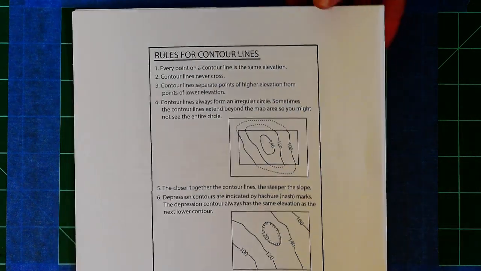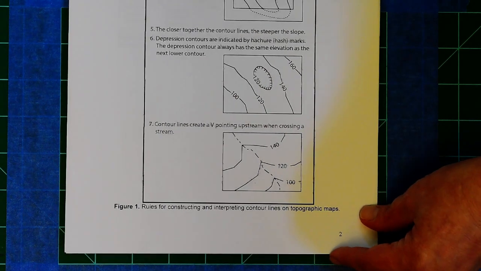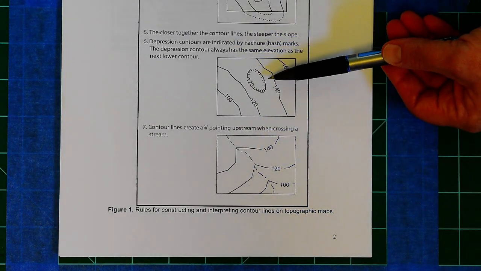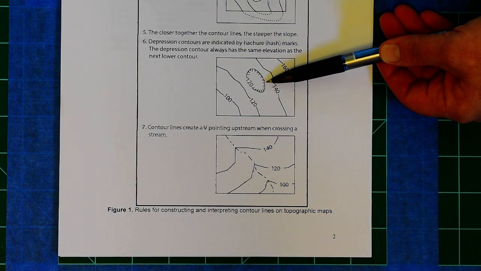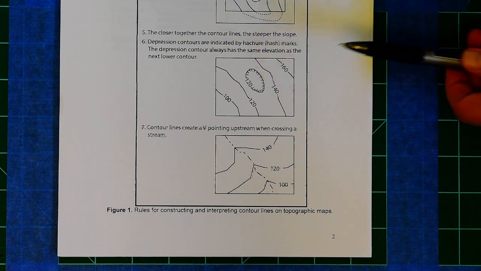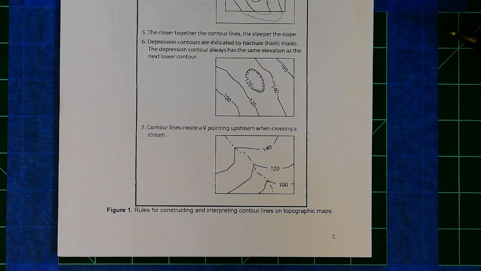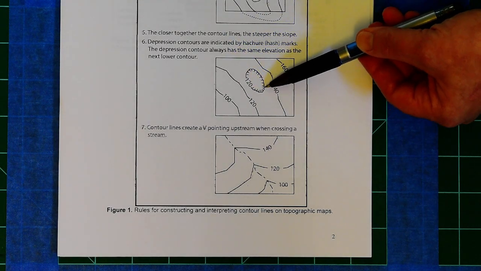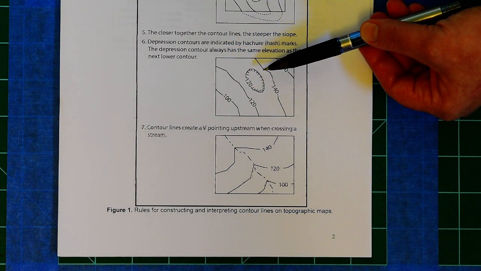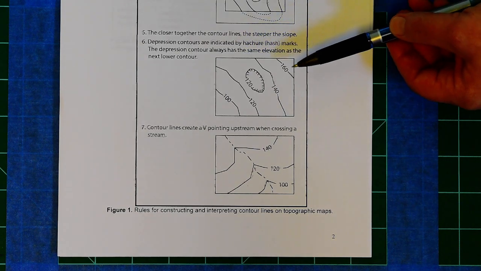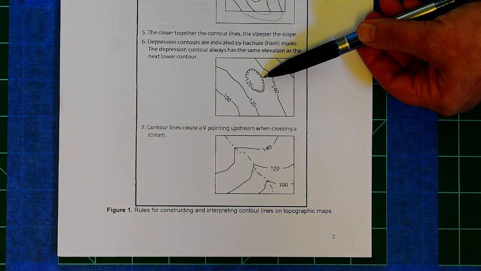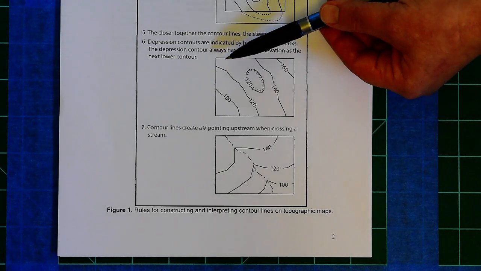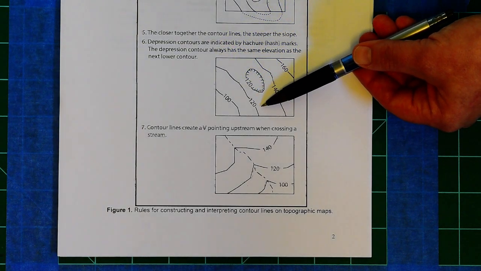Another special contour line you will notice looks like this. It has these little lines pointing inwards. We call them hatchers. This is a depression contour. It shows that right here there's like a little sinkhole or a little crater of some kind. And that depression contour will always take the elevation of the lower contour line.